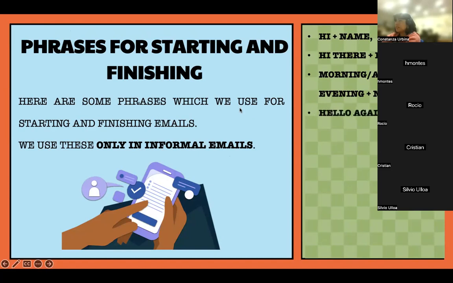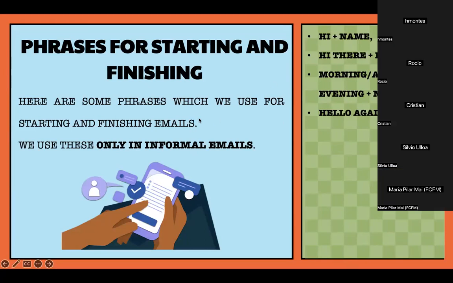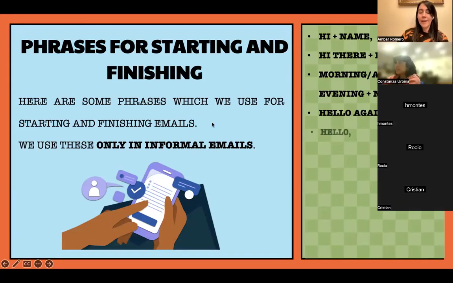Hello again, if it's the second or third time you are writing to the person, of course. If it's the first time, it will be a little bit weird. Hello. That's all. Greetings to start the email. How can we finish informal emails? Regards, but abbreviated. Not regards full form, but regards abbreviated.